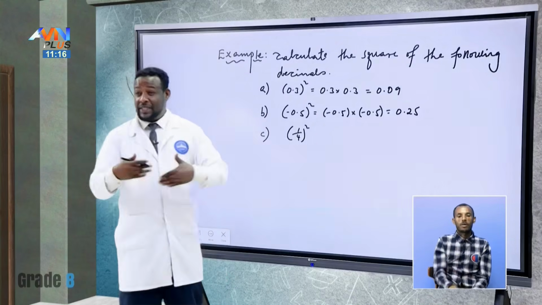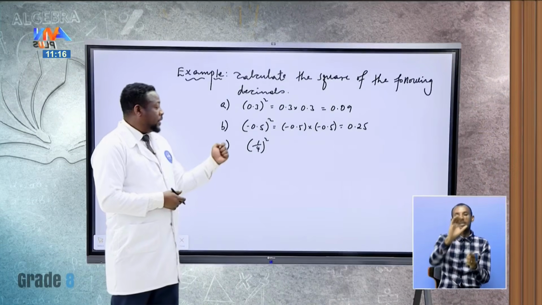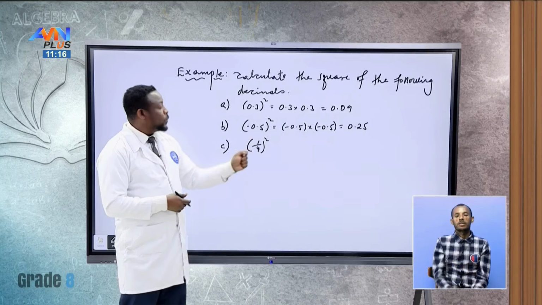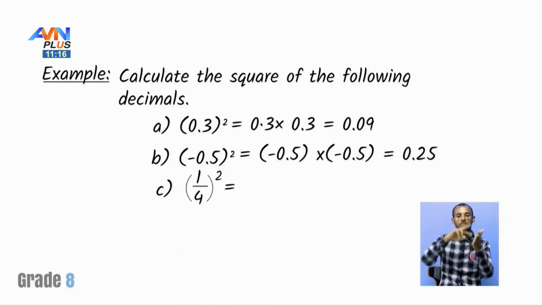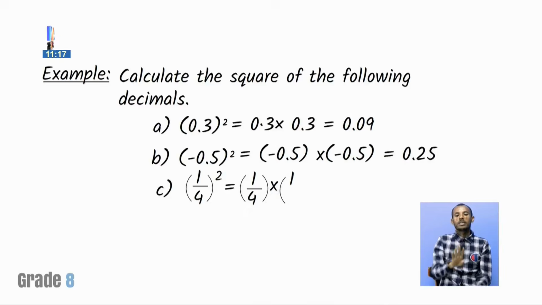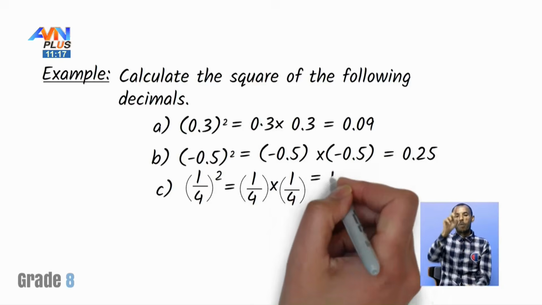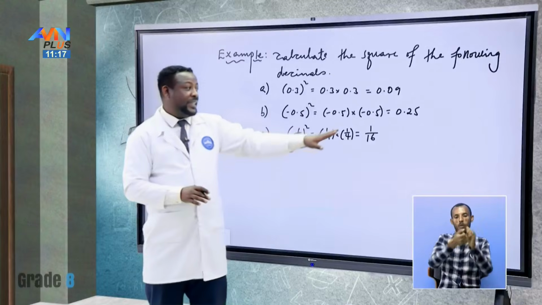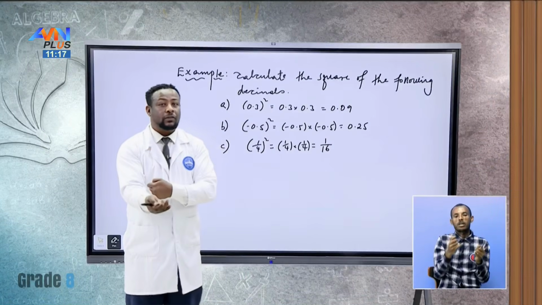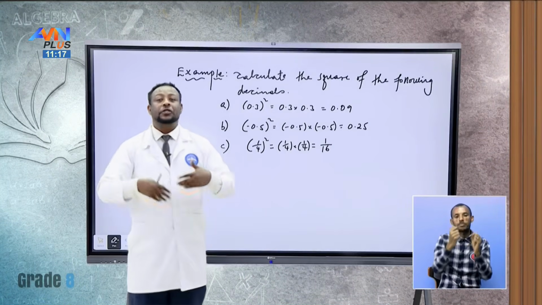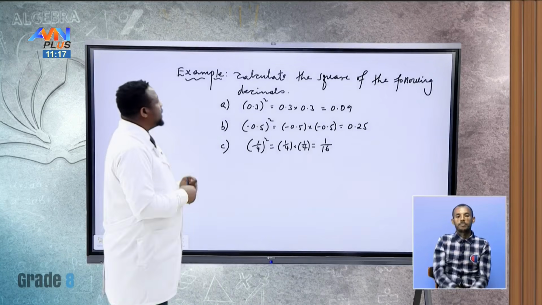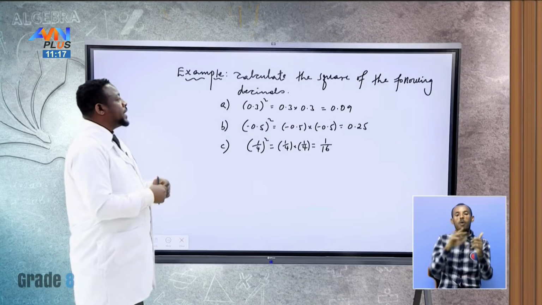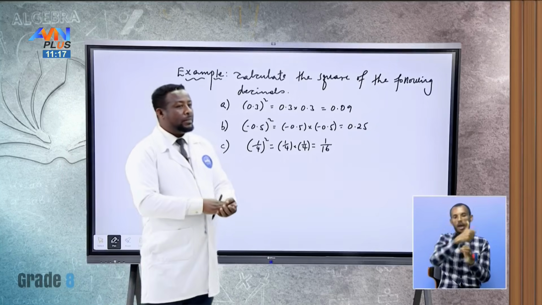When we come to part C, we are asked to evaluate 1 over 4, the whole square. So this means 1 over 4 times 1 over 4, and the result becomes 1 over 16. You can convert this fraction into its equivalent form if you want to express it in the form of decimals. So this is how we calculate the square of any rational number.